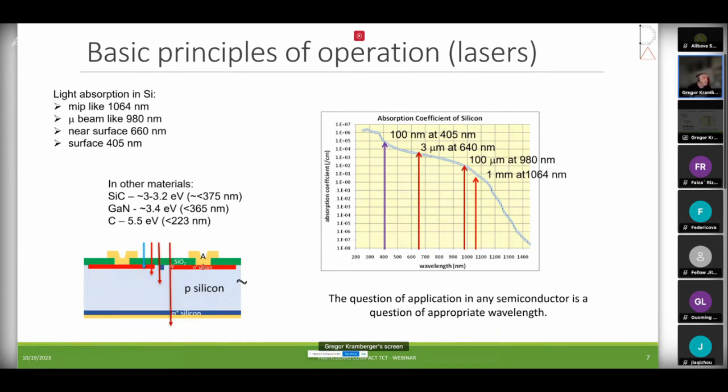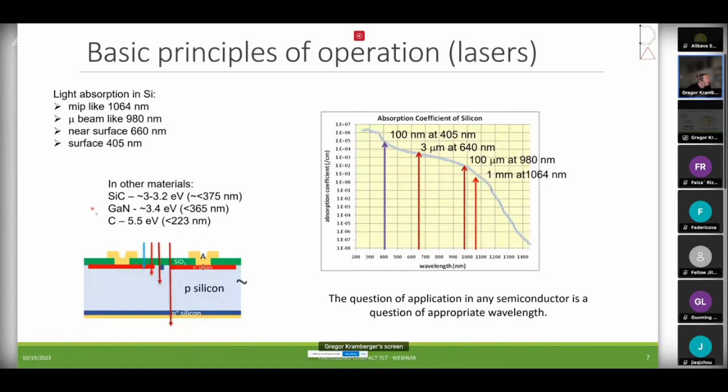If you reduce the wavelength, it penetrates less and less, and at 405 nanometers, which is currently the smallest wavelength that we have with our lasers, you are at around 100 nanometers.